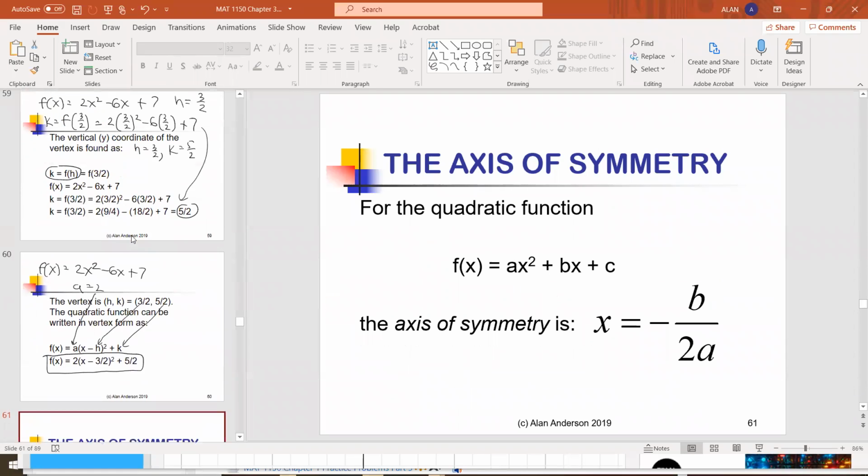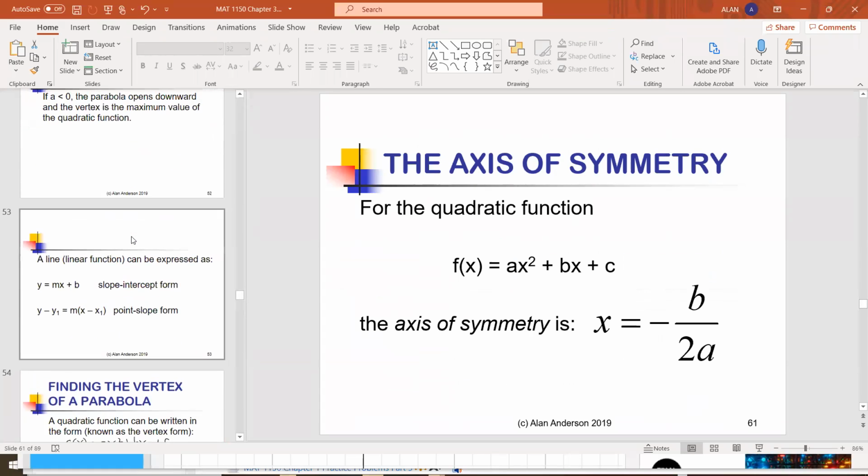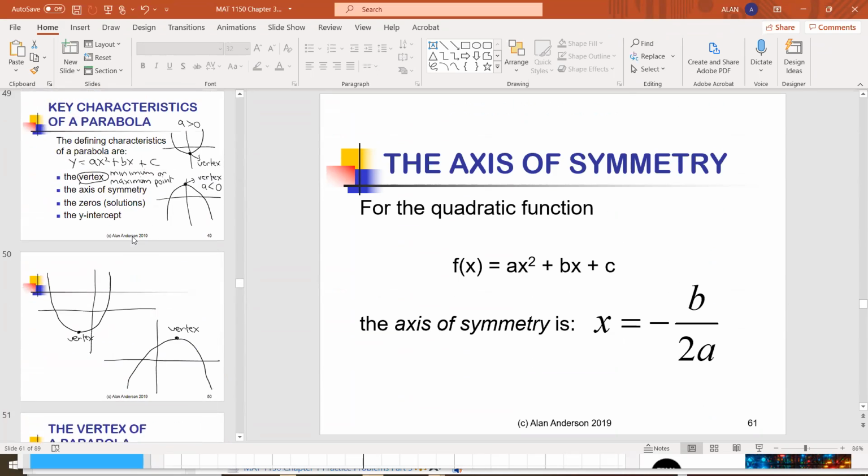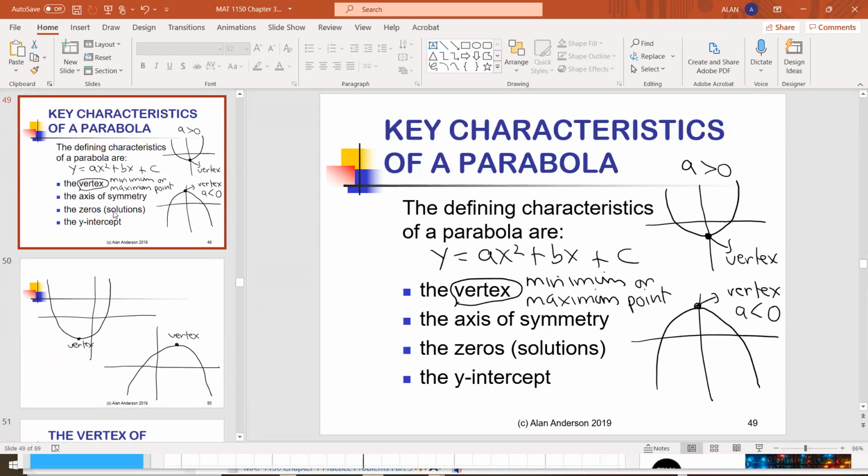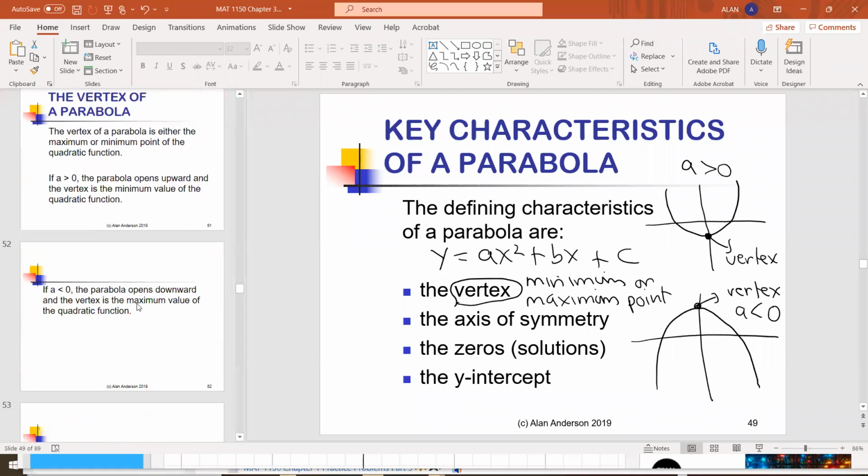Now, remember I said there's several features that formally identify or uniquely characterize a parabola. We now turn to the axis of symmetry. Now, remember we said that symmetry means that the two halves of something are mirror images of each other. Think of the axis of symmetry as a line, the line around which the symmetry takes place.